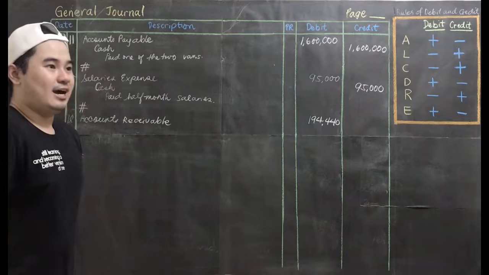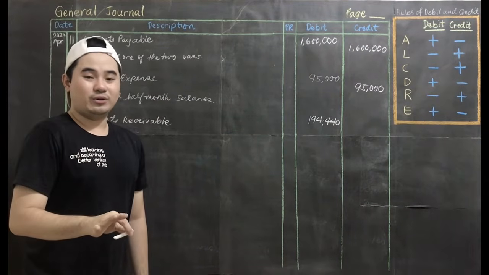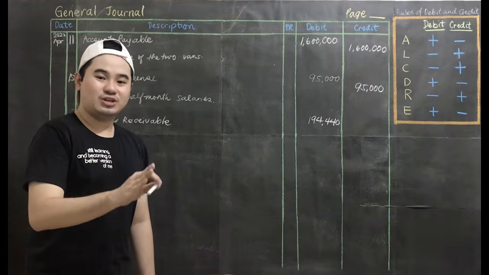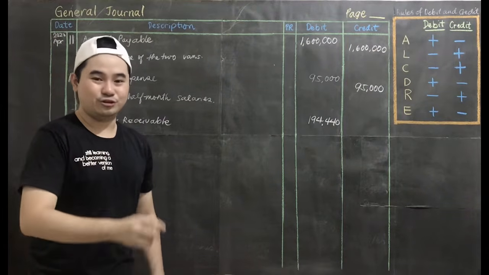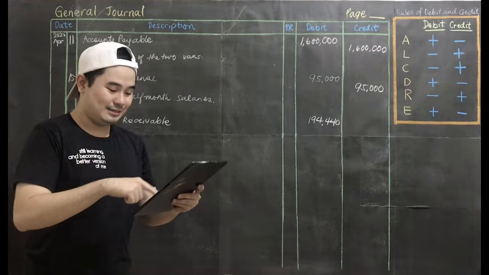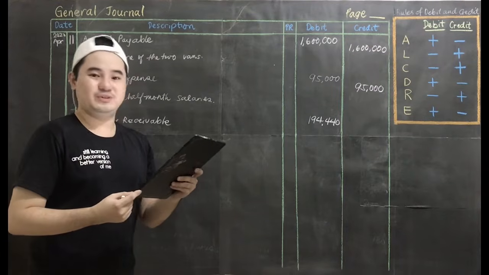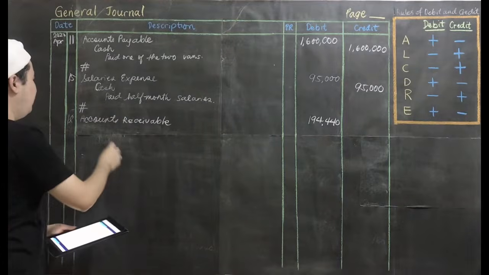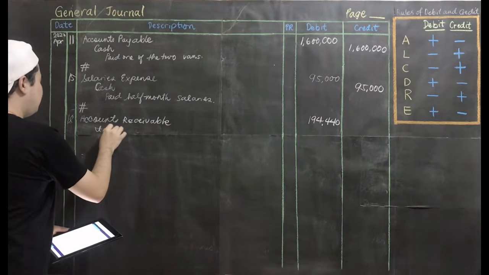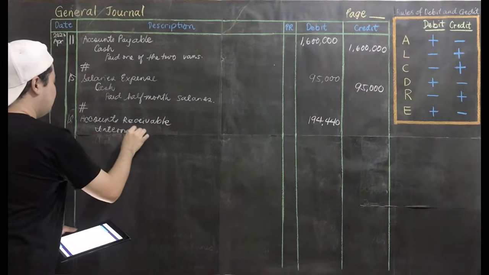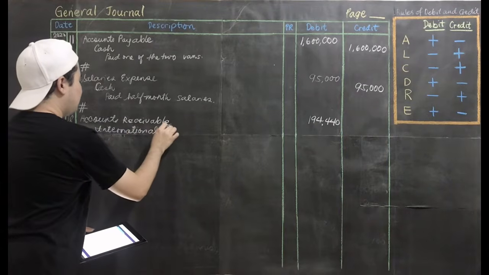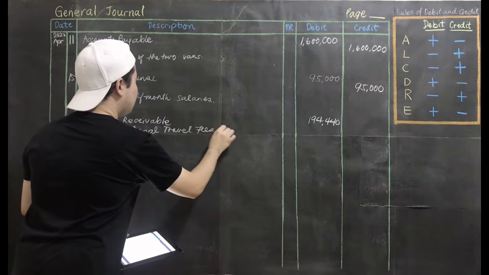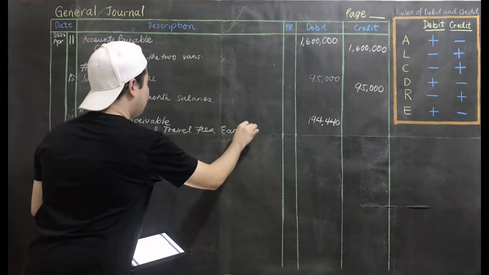And then, pwedeng service revenue, pero since ito ay may chart of accounts, international travel fees earned. Bakit international? Kasi saan sila dinala? Sa South Korea. Sa Seoul. So, debit accounts receivable, credit international travel fees earned.